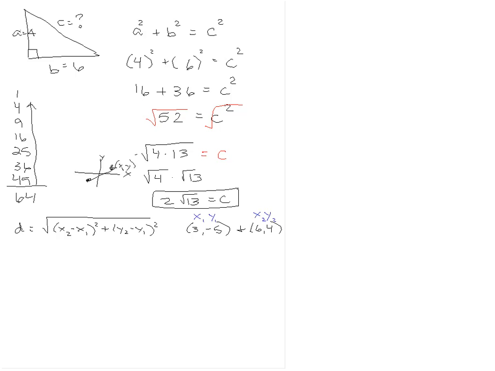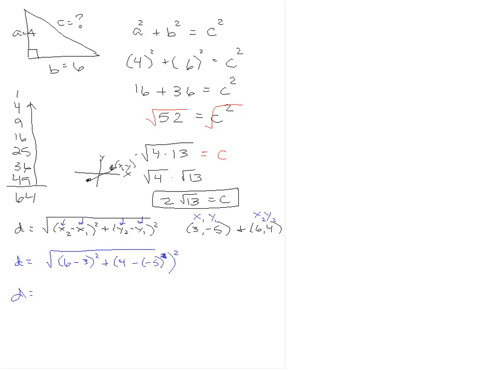Distance is equal to, what do I put in for x2? 6. What do I put in for x1? 3 squared plus, what do I put in for y2? 4 minus, what do I put in for y1? Negative 5 squared.